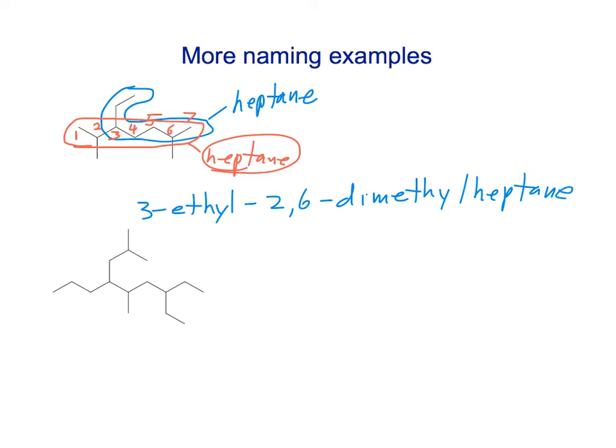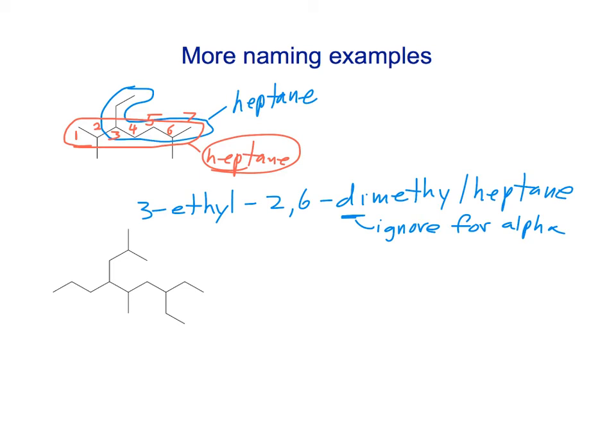Okay, when we alphabetize, we ignore the di in alphabetizing. So we're just looking at the methyl instead of the dimethyl. All right, one more.